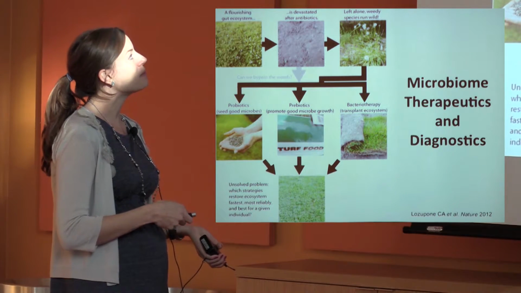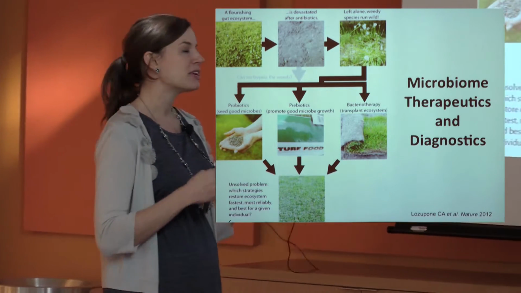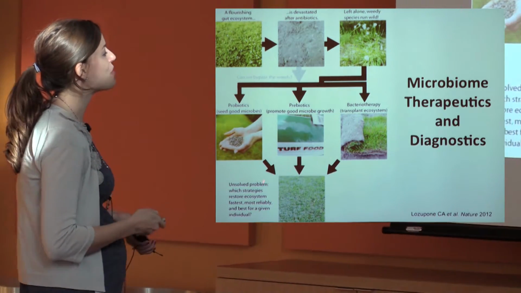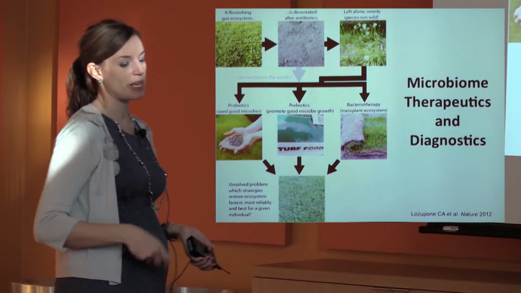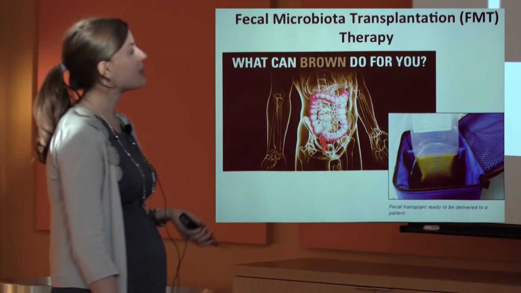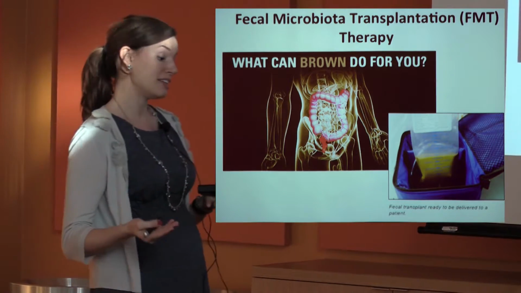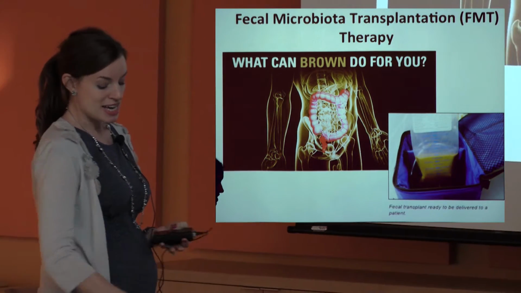So really the problem is after you wipe out your microbiome, how do you make it normal again, back to nice grass and not to weeds? So this is the idea behind fecal microbiome transplant therapy.